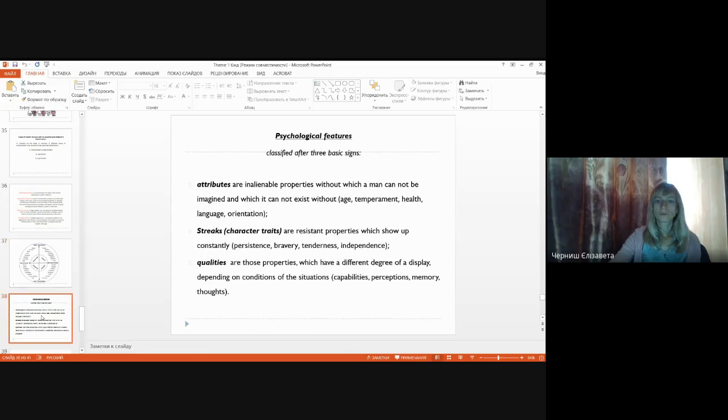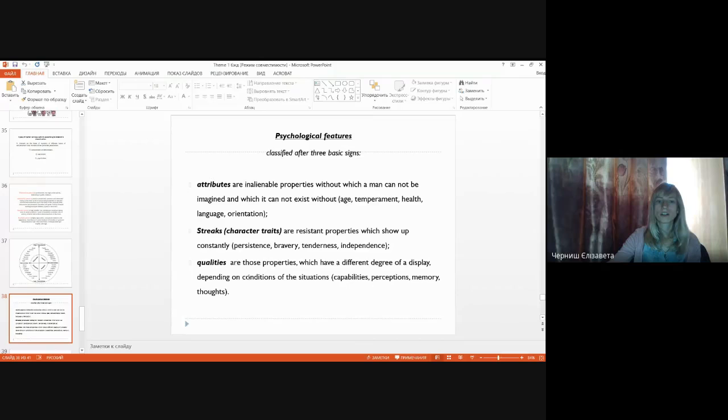And now we go to physiological features, which can be classified as attributes, properties without which a man cannot be. Yes, some constant parameters over a period.